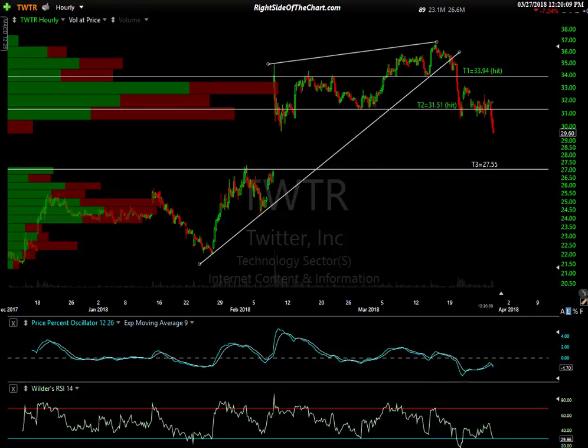Still more meat left on the bone, but we are sort of getting into what I call technical no man's land, which is when a security is between support and resistance. This is resistance up here, or now at this point, anywhere from these reactions up to that line up there, and this is support down here. So we're in the middle.